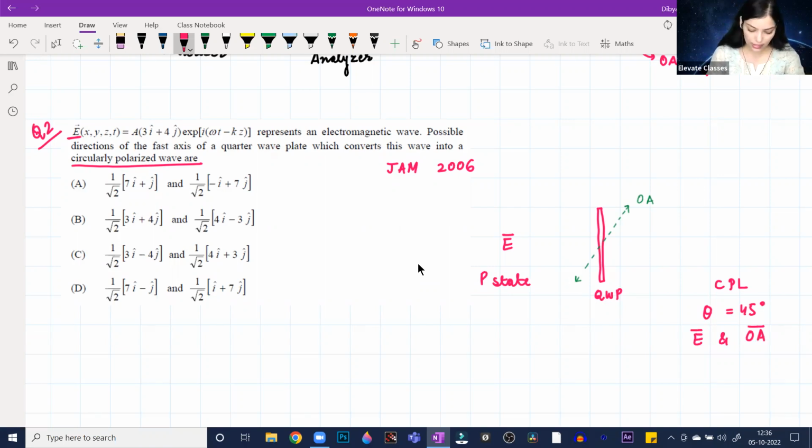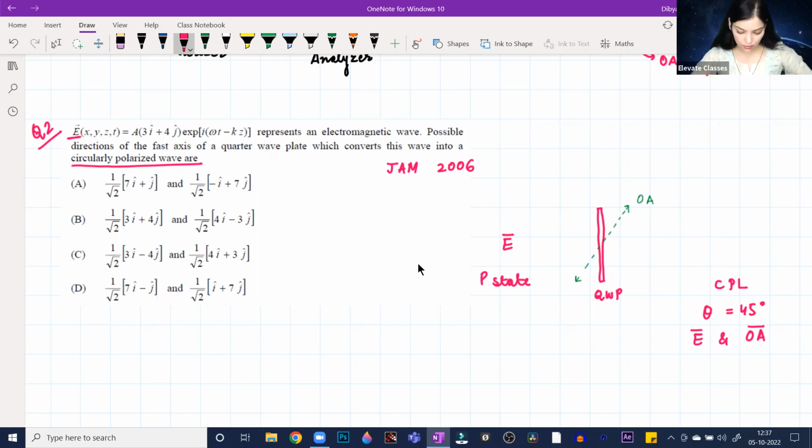So take the electric field as one vector, and then take the directions given. Basically, there are 2 directions given in each option which are perpendicular to each other. So to make a 45 degree angle there are 2 directions, no? You can either make it like this or like this.